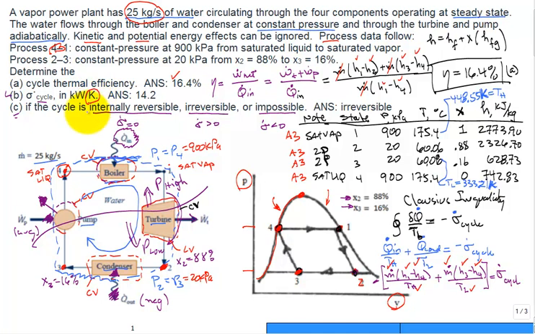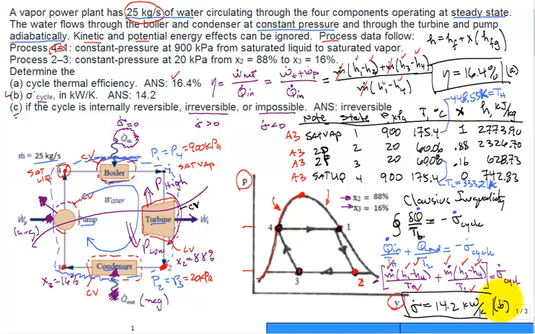So we definitely don't want to make that mistake of putting degrees C in. And what we can do is just calculate this sigma dot cycle, and it comes in at 14.2 kilowatts per Kelvin. Now, that's the answer for part B.